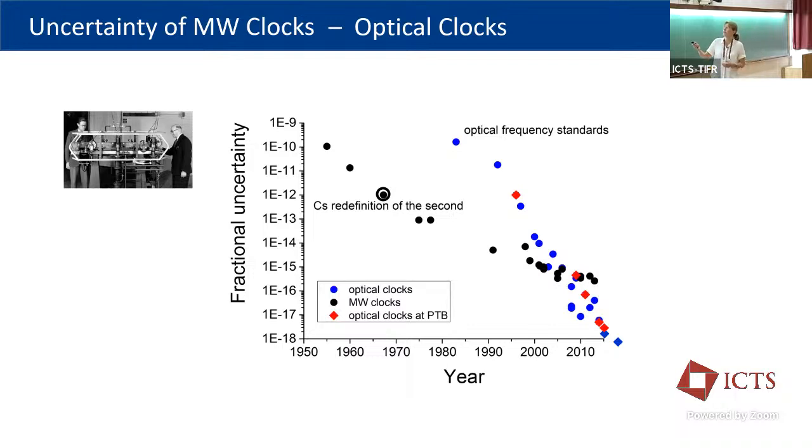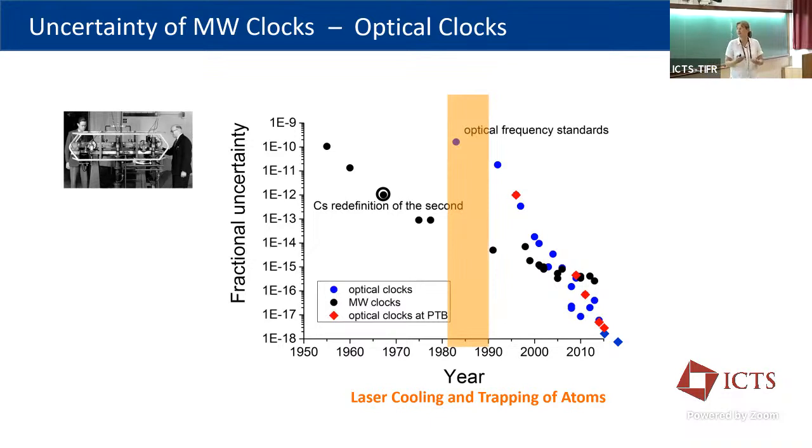And what is really very important for the optical frequency standard, what I think really triggered this race in speed and in improvement, was the invention of laser cooling and trapping of atoms. So in the 1980s to 90s, eventually leading to the Nobel Prize in 1997, this high level of control of single atomic systems, of single quantum systems, dramatically enabled us to go for this ambitious optical domain where everything is more sensitive in terms of the phase.